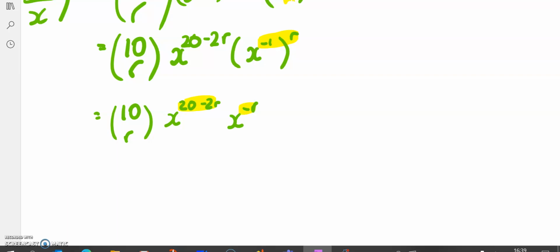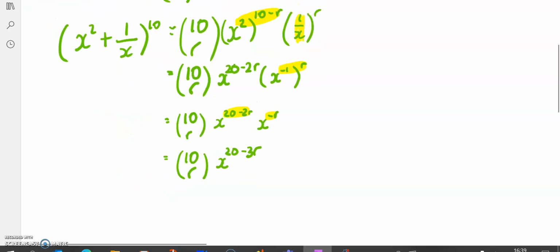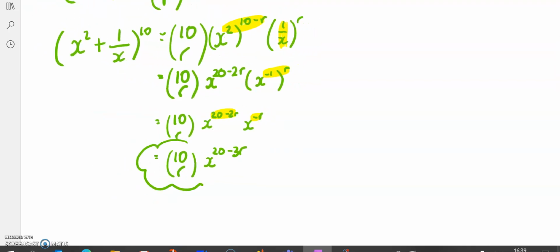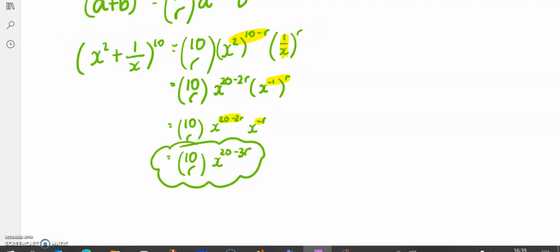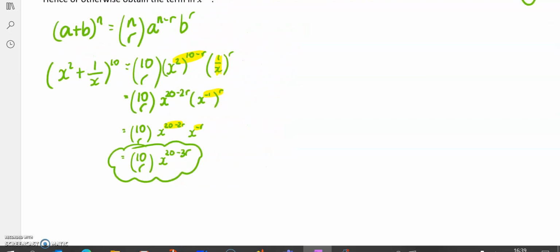So we're going to do this plus this. That gets us down to a stage where we've got 10 choose r, x to the 20 minus 3r. This is our general term, where we've got x's and numbers. Here we've not actually got any numbers, we've just got x's.